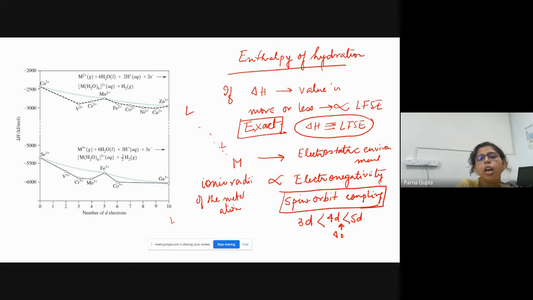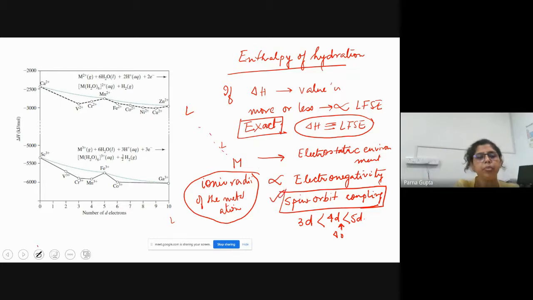And also the interelectronic repulsion will be taken care of. So the main point is the ionic radius of the metal atom. Then you have the spin orbit coupling. Any book you will get it.